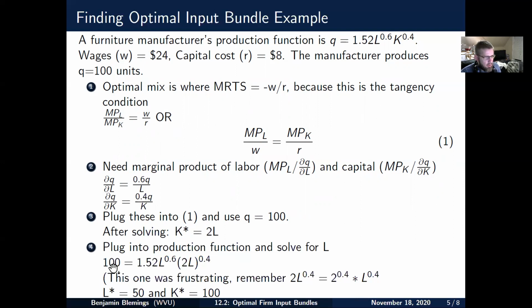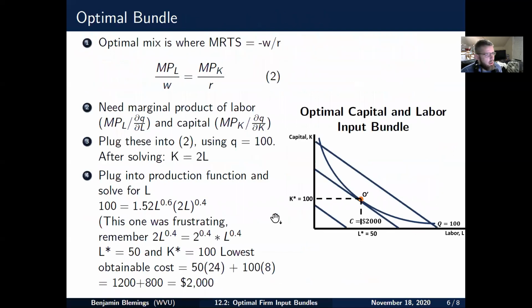And so that's the answer. We have our optimal bundle of labor and capital just from a production function and cost and a target output. Pretty cool. And we can go through and calculate the cost of using 50 units of labor and 100 units of capital by just plugging it into cost equals wages times amount of labor plus cost of capital times the amount of capital.